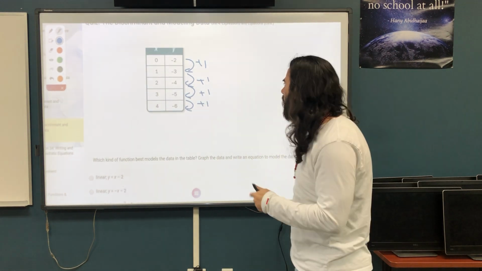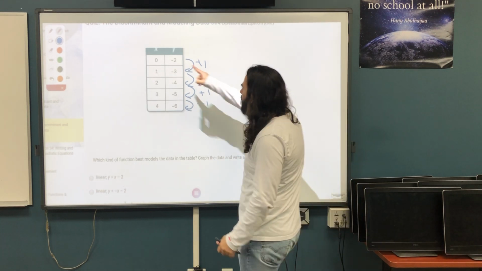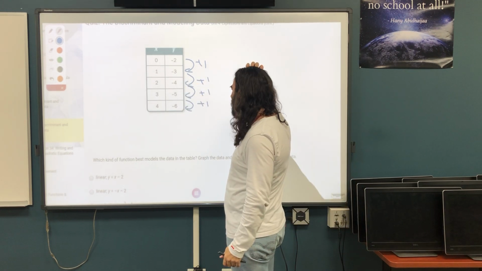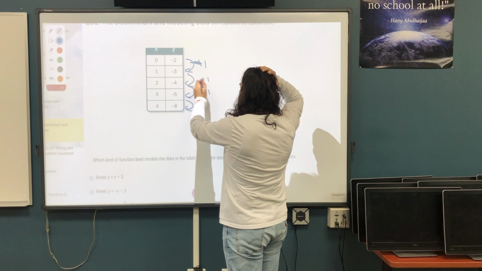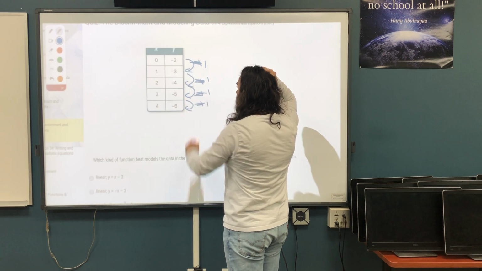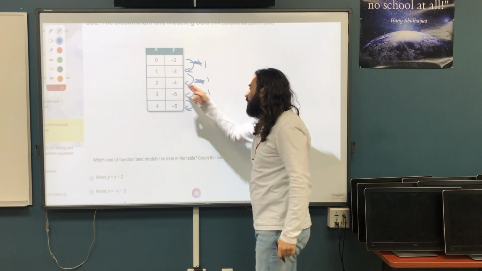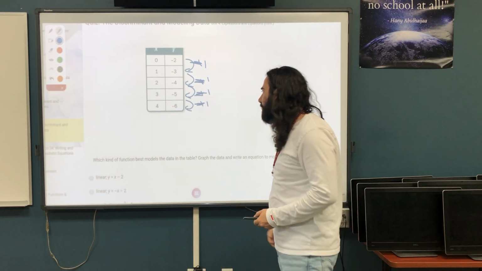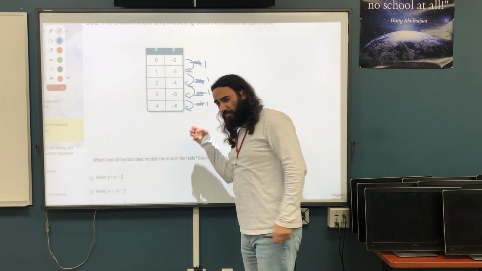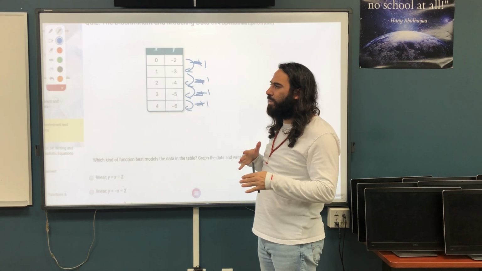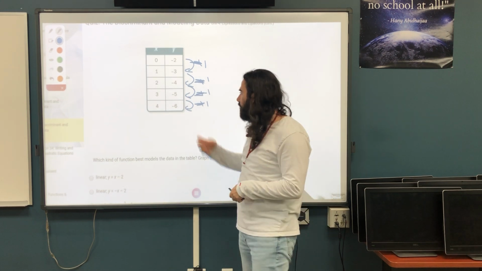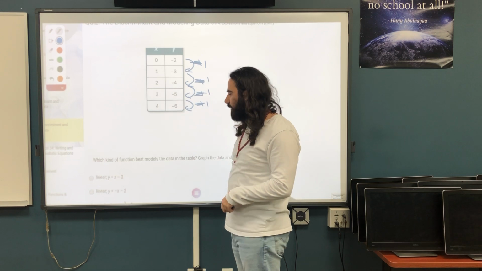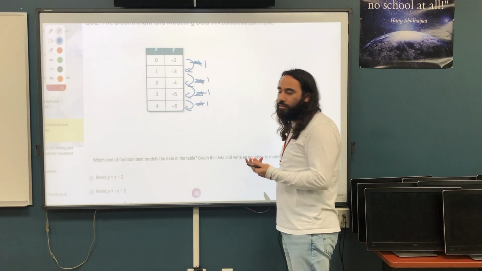Sorry, we're not adding 1, we're subtracting 1. -3 minus 1 is -4. So we're adding -1. Because we're adding the same number each time, it means that it's linear. Each time we're subtracting 1, so of course it's linear.